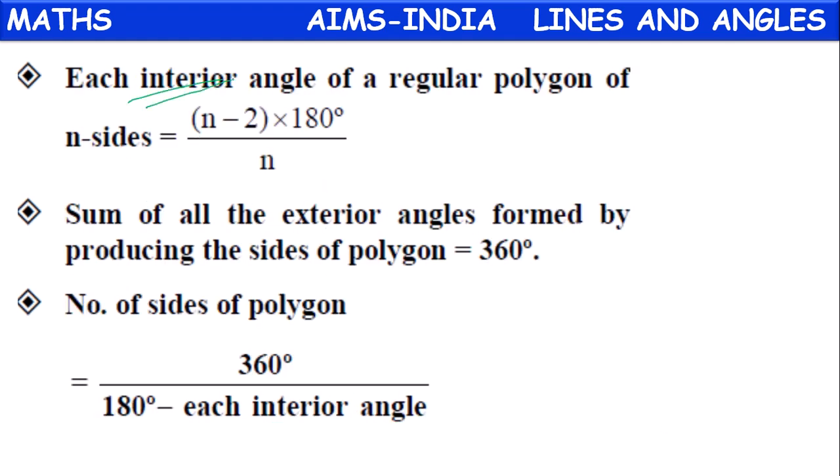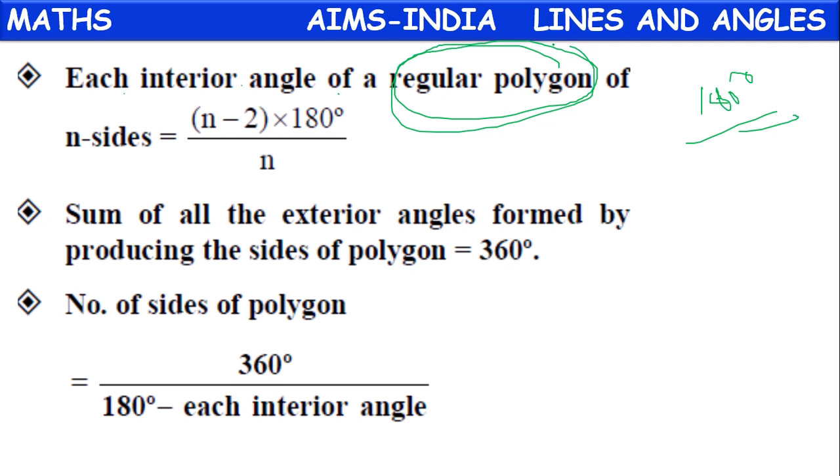Now each angle. Suppose a triangle, sum 180. They are asking about each interior angle of a regular polygon. Regular polygon means all sides are equal.